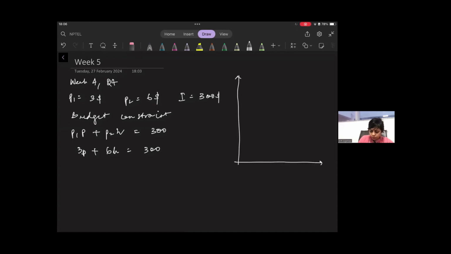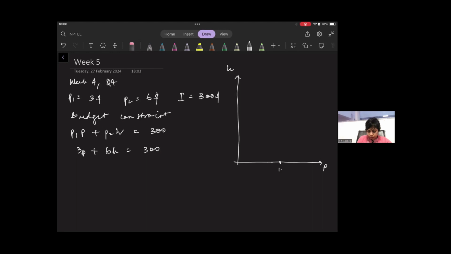This is a line which is something like this. If I plot the budget line, let's assume P is here and H is here. It's a little bit of an assumption you will need to make, based on the fact that the utility is given as P with respect to H, meaning you can assume P is plotted on the horizontal axis and H is on the vertical axis. So for H equal to 0, P is 100.